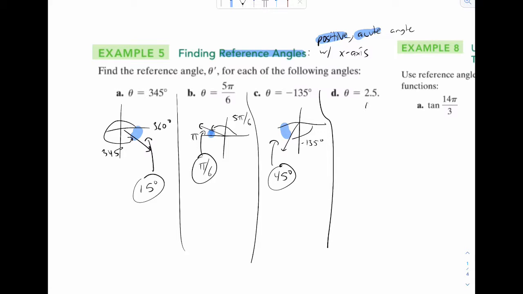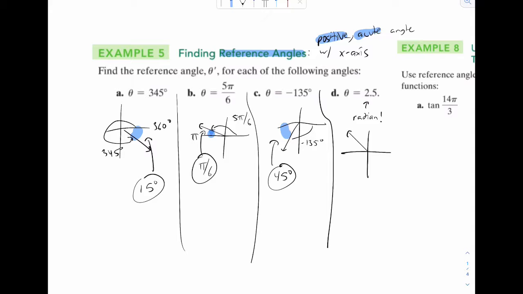It says 2.5. Notice how all of these have degrees for A and C. This one is clearly a radian. This one is also a radian because it doesn't say any label. So we can assume it is a radian. So 2.5, that's going to be right about here. And you're probably wondering, how did I know that?